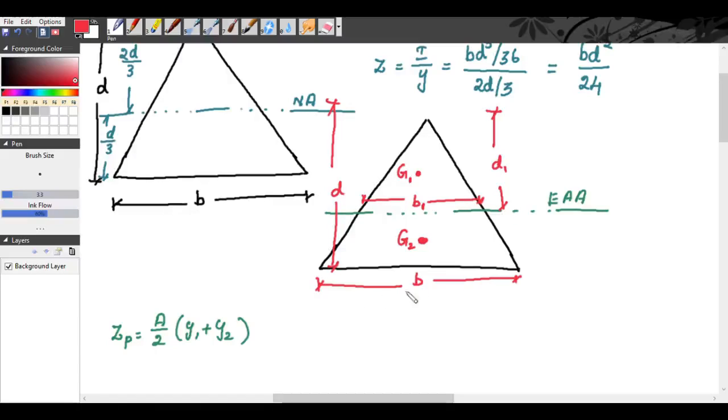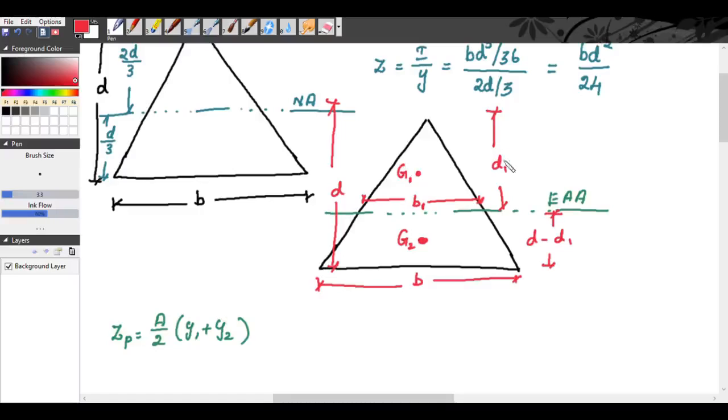So automatically, for this trapezium, the bottom width is B, top width is B1. The depth of this trapezium will be equal to D minus D1. Okay.